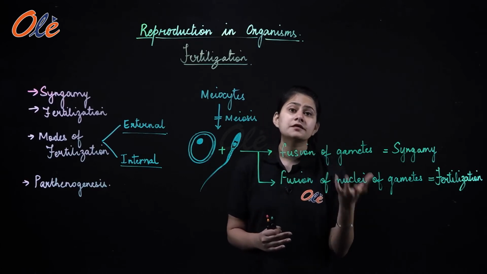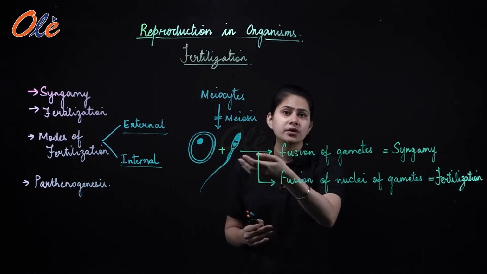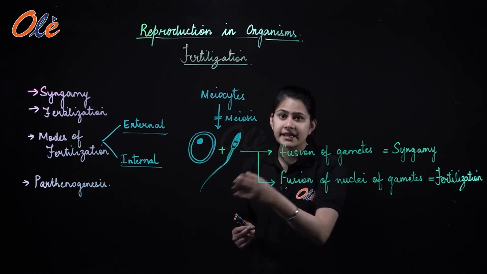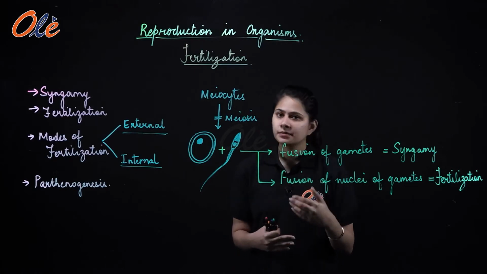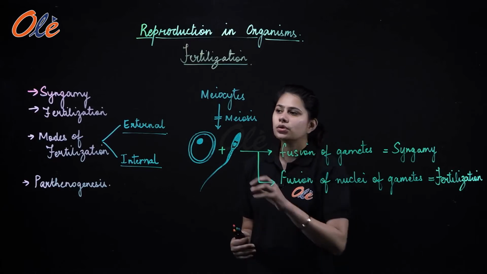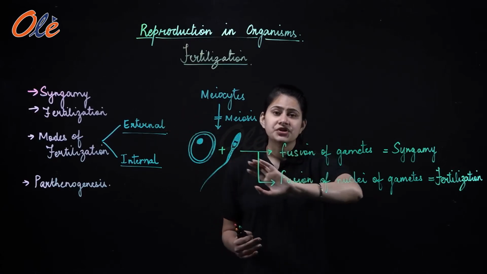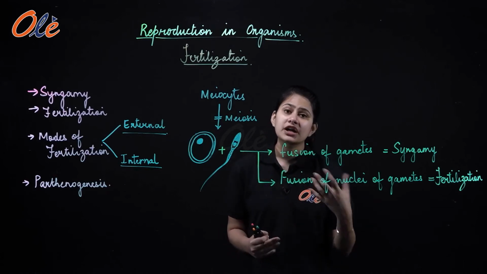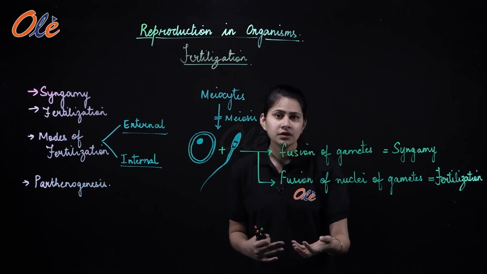As well as, even if fertilization does happen, because the developing zygote or the fertilized egg is in an external medium, it is always threatened by predators, right? So now what should we do to compensate for this? In external fertilization, the gametes produced are in large numbers. So many gametes will be liberated at the same time, right?